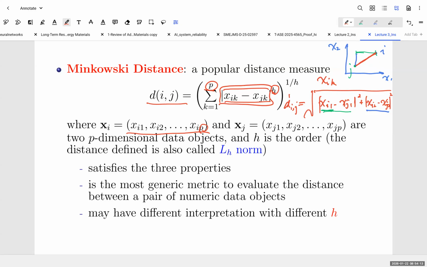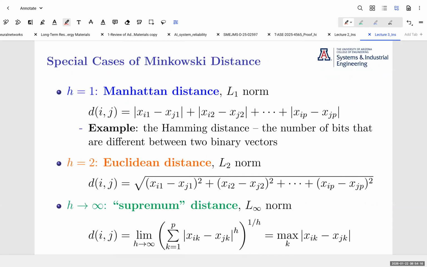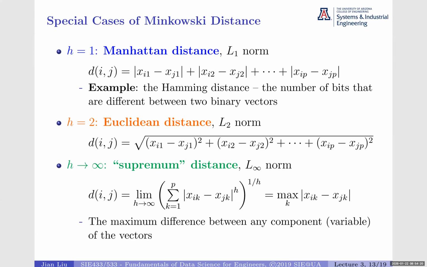Okay. And then here we have a more interpretation of the Minkowski. We call it special cases of Minkowski distance. First, when h is equal to 1, a special name is so-called Manhattan distance, L1 norm.